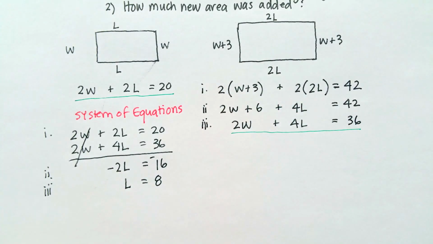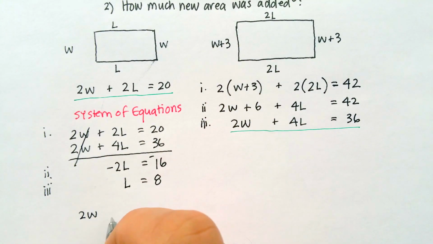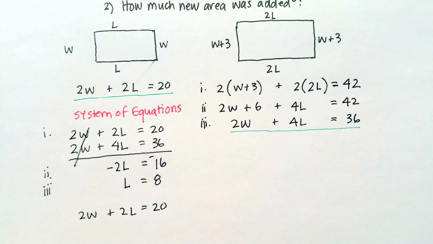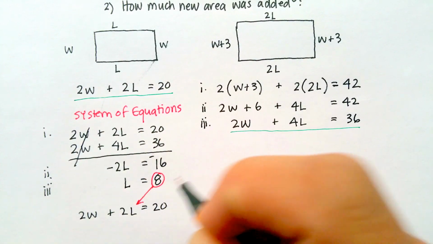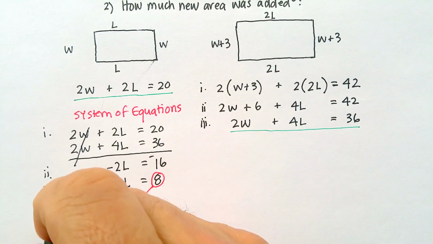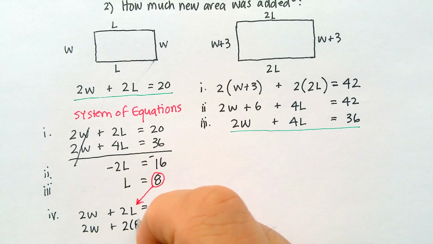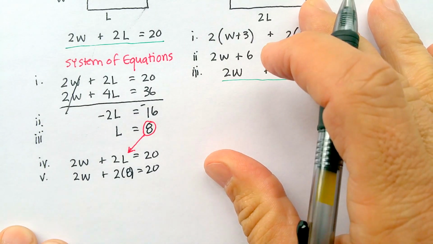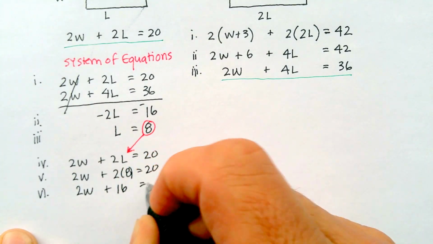Now, I can go back to the original equation, 2W plus 2L equals 20, and just plug in the 8 for the L, because I just solved for L. Let's see if we can find out what the W ends up being. 2W plus 2 times 8 is 20. 2W plus 16 is 20.